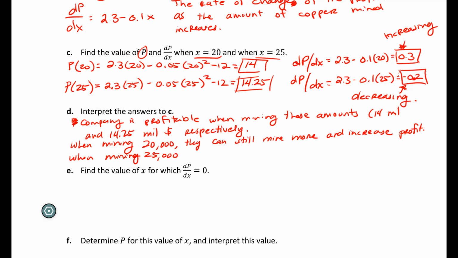Our rate of change was actually 0. We had a decreasing profit function. So what that means is that when they're mining 25,000 tons, they are starting to see a decrease in profits if they mine more.